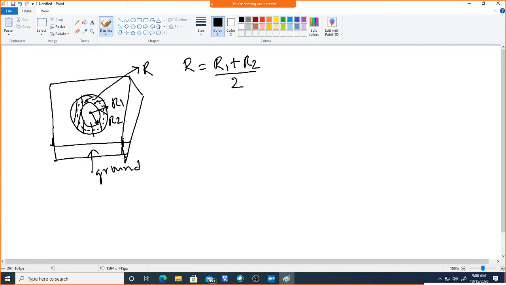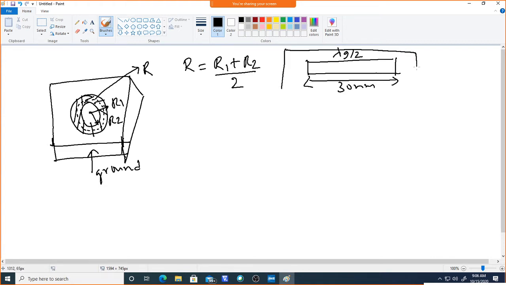Why it is so important: if you compare it to a line resonator, for example a line resonator with length lambda g by 2, say about 30 mm, you need to take a substrate of that much length. Since both are resonators, the area taken by the line resonator is large.